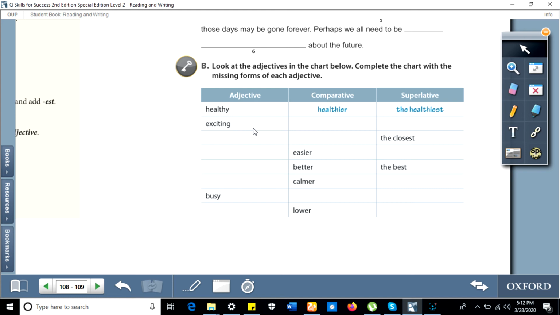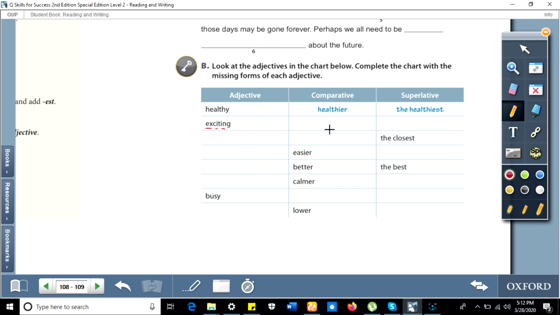After that it's easier for you to make the comparative and superlative. So for example, here, exciting, it has 3 syllables.